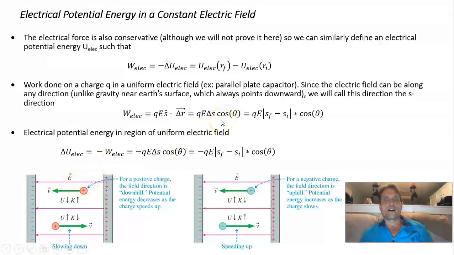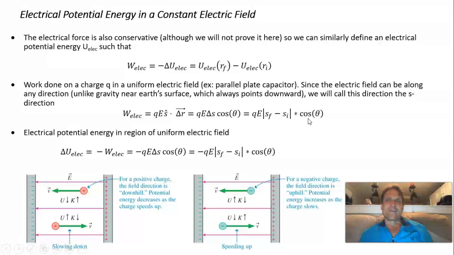And we derived that the work was equal to the force, which is Q times E, times the magnitude of the displacement times the cosine of theta. And if the field and the displacement are in the same direction, then theta is 0, cosine of theta is 1. And if the field and the displacement are in the opposite direction, then theta is 180 degrees, and cosine of theta is -1.